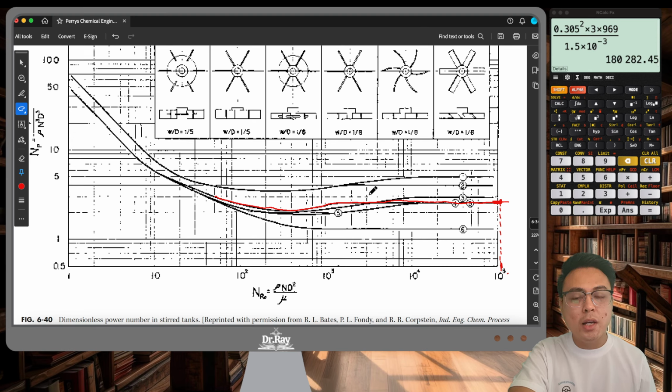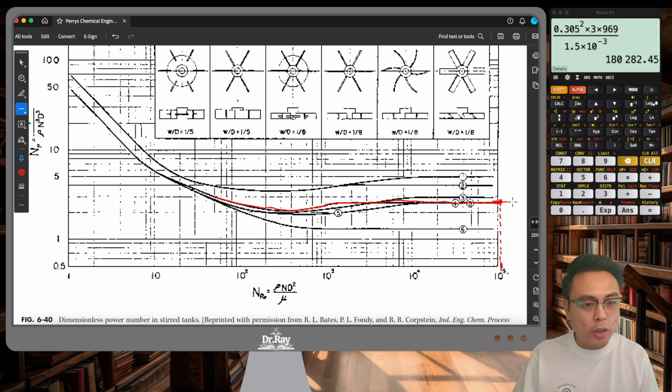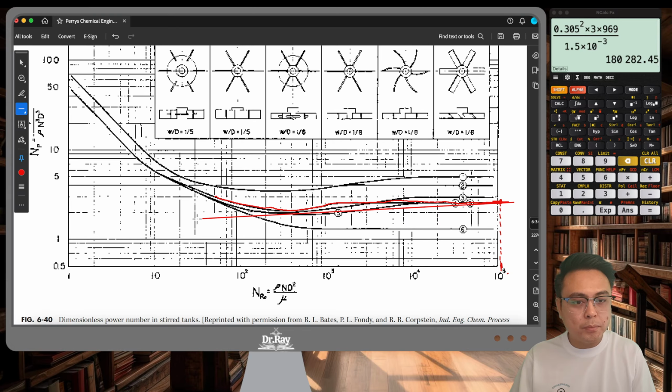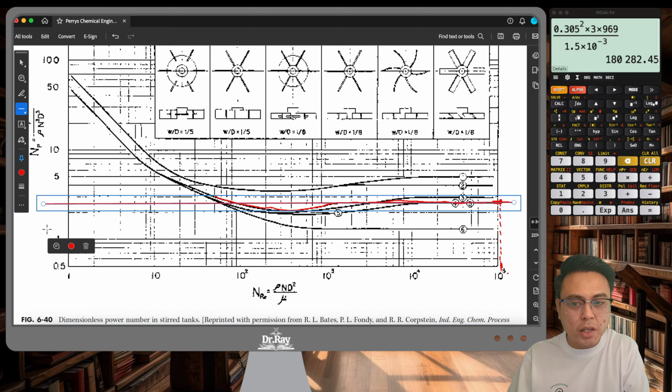It's right here, and then you can read it on the y-axis on the left. Let's try to make a line for that, and we will now get our power number. This is okay. This is my best estimate for that.